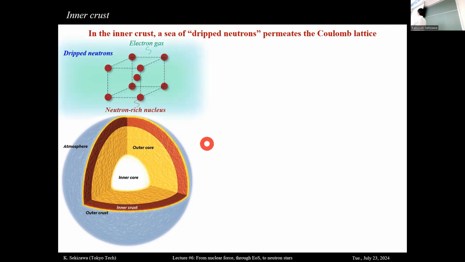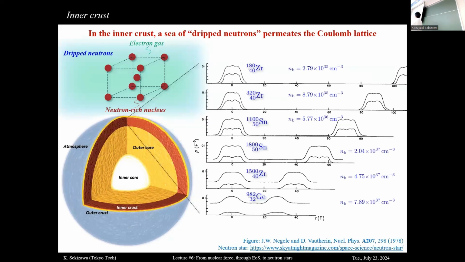This is an example from a seminal paper published in 1978. I think this was the first paper using the Hartree-Fock approach to describe the inner crust structure like this.